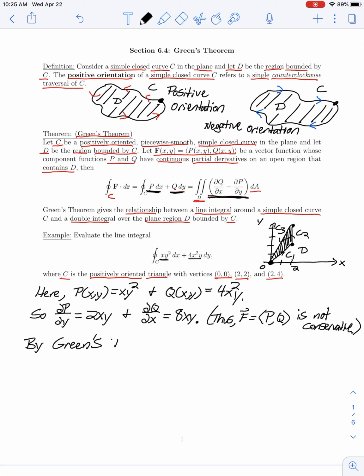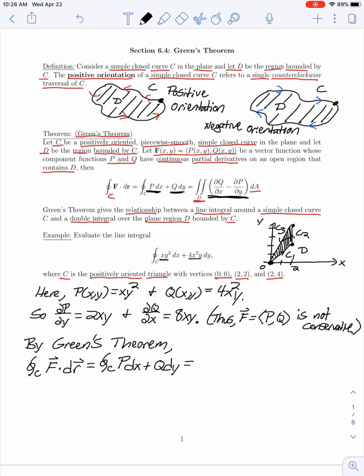So by Green's theorem, we would have the line integral over the closed curve C of f dot dr, which would be the same as the integral of p dx plus q dy.